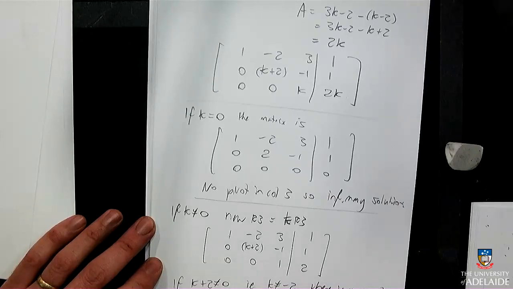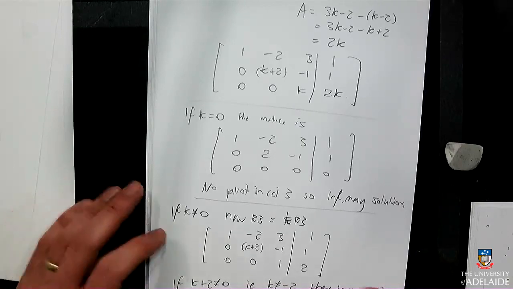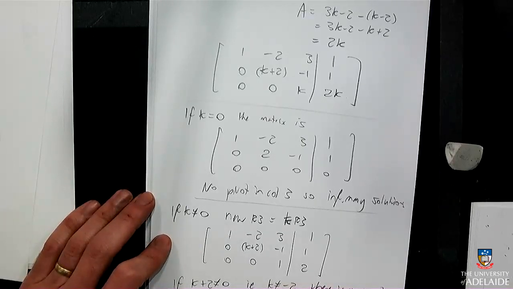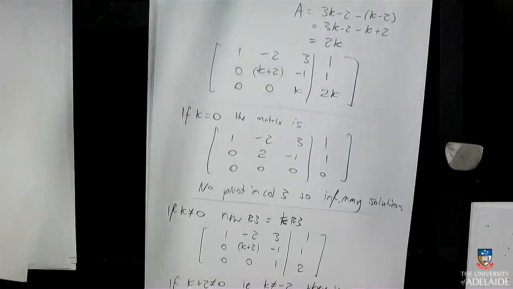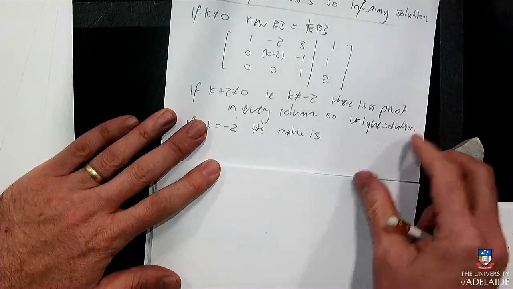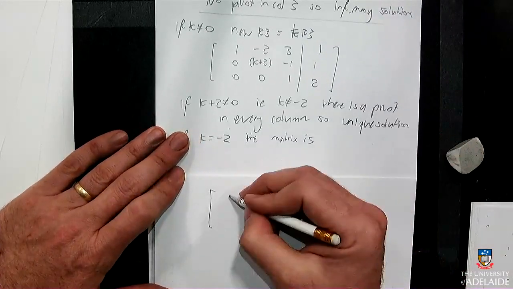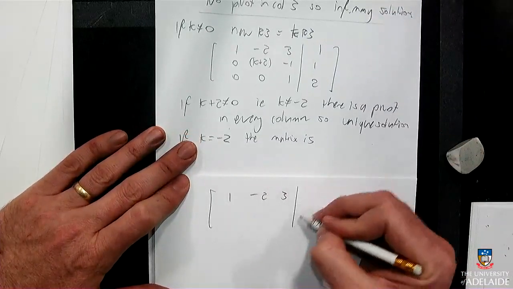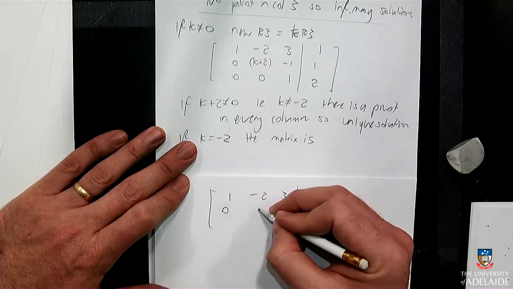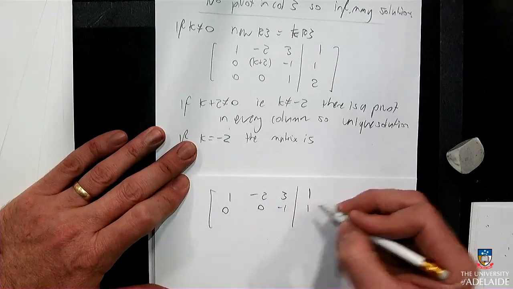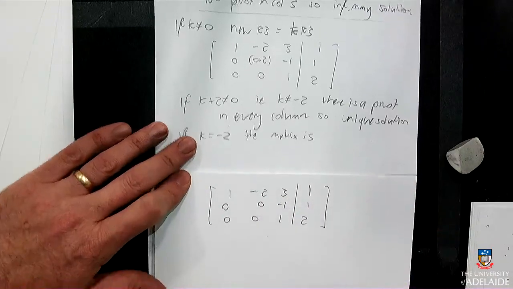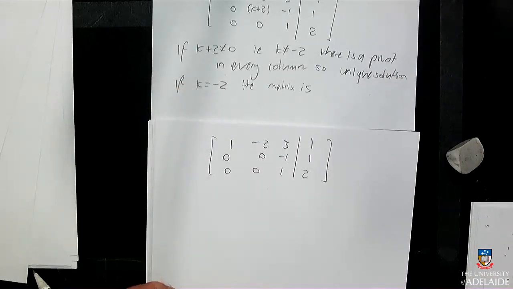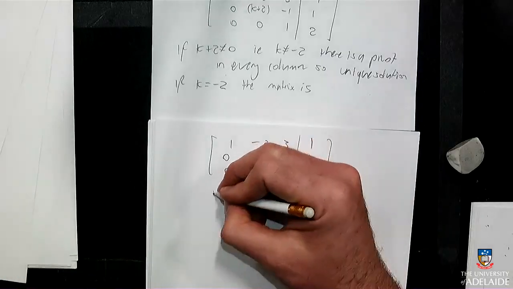And if k is minus 2, the matrix is now this. And I could add row 3 to row 2.